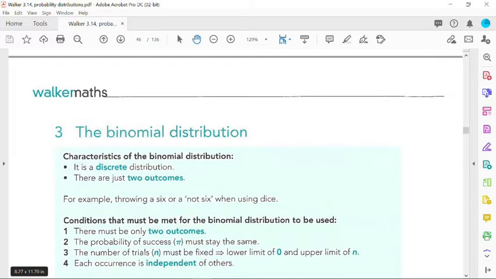Conditions that must be met. There must be only two outcomes. The probability of success must stay the same. And I want you to look at the notation for success. They're using pi, but here it's just the Greek letter for P. They're not talking about that 3.14 business.